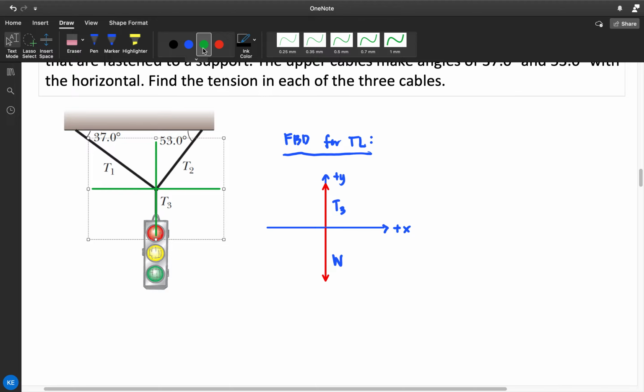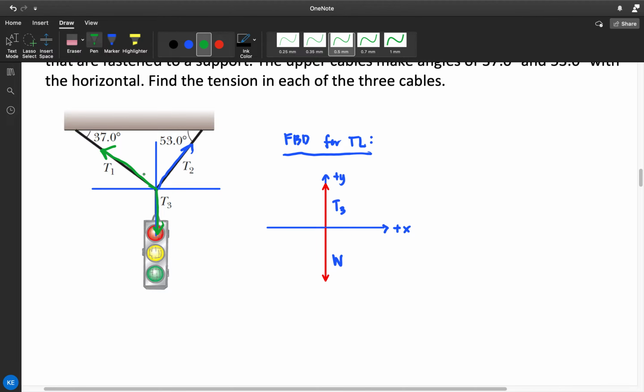One is T2, the other one is your T1, this green one, and the last one is your T3. Take note that in a free body diagram, all the forces start at the origin.